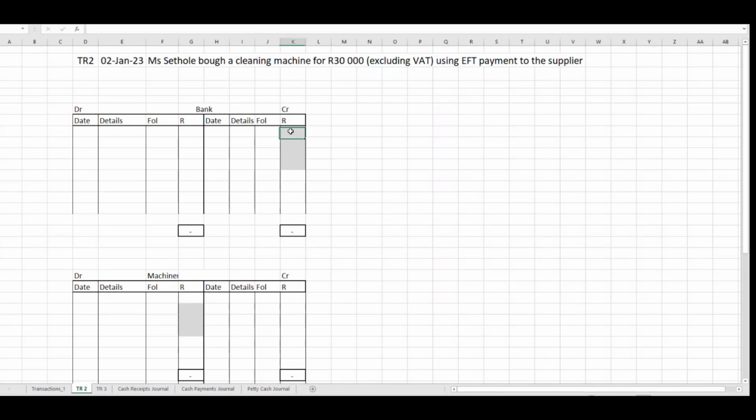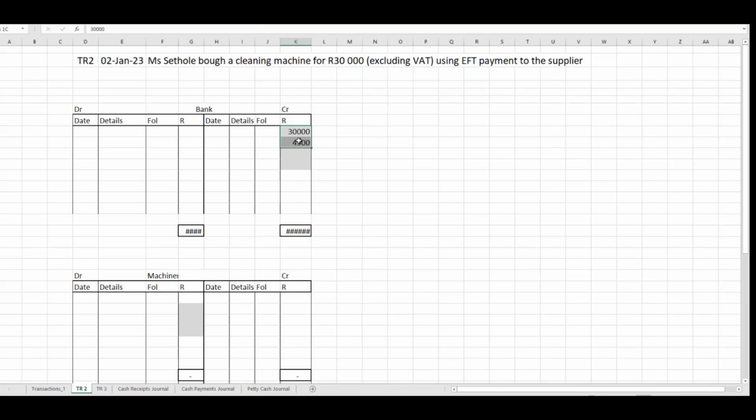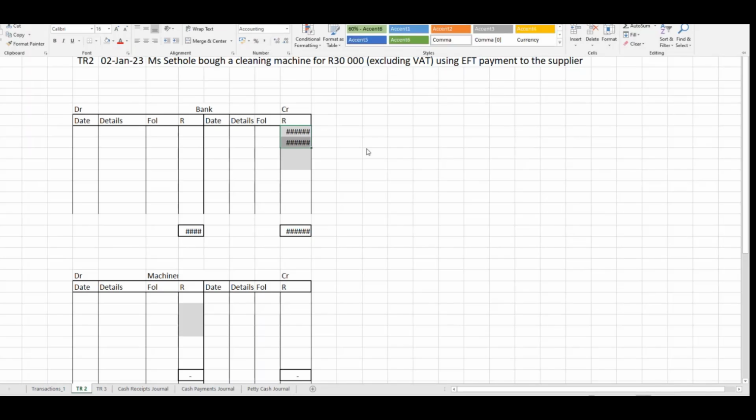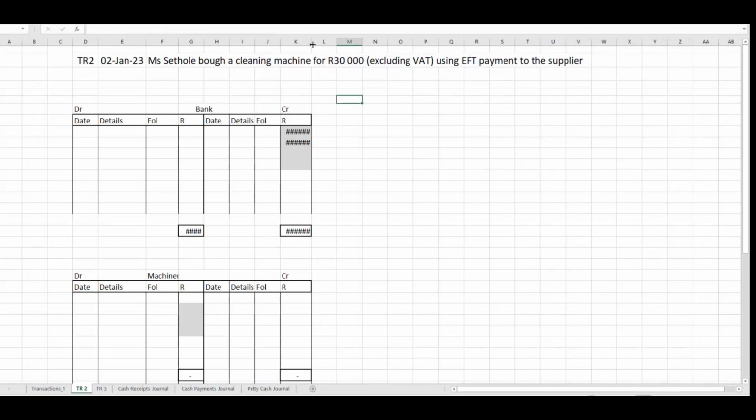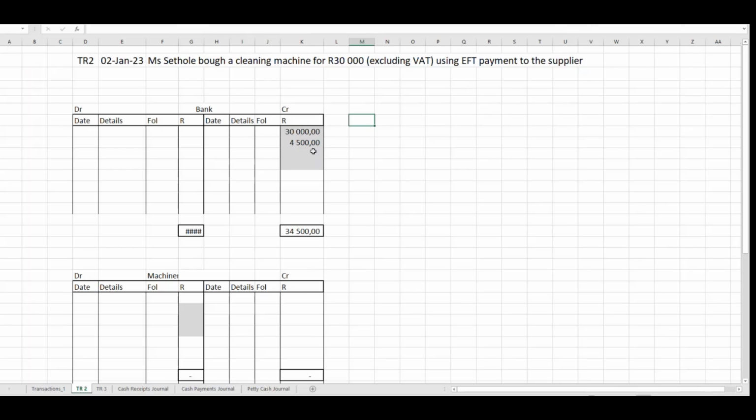So what we're going to credit to bank is 30,000 for the machine and 4,500 for the VAT, or 34,500. That's what will be paid to the supplier that we're buying these goods from. This is for the machine, and this is for VAT.